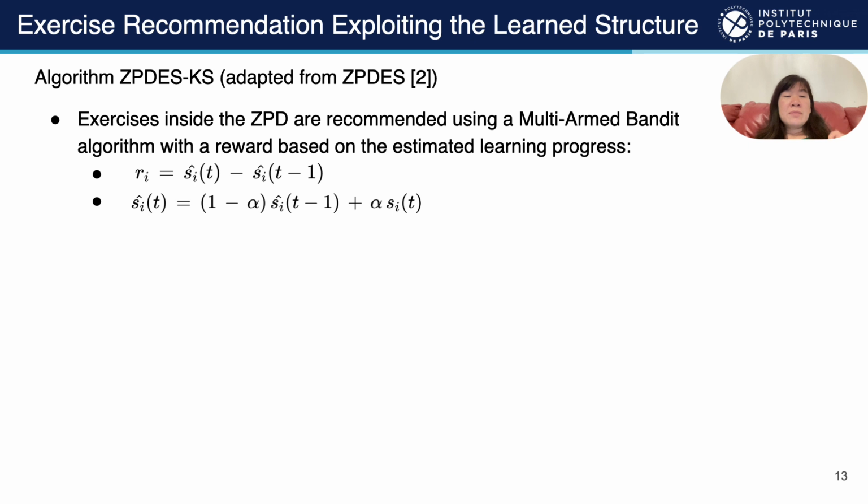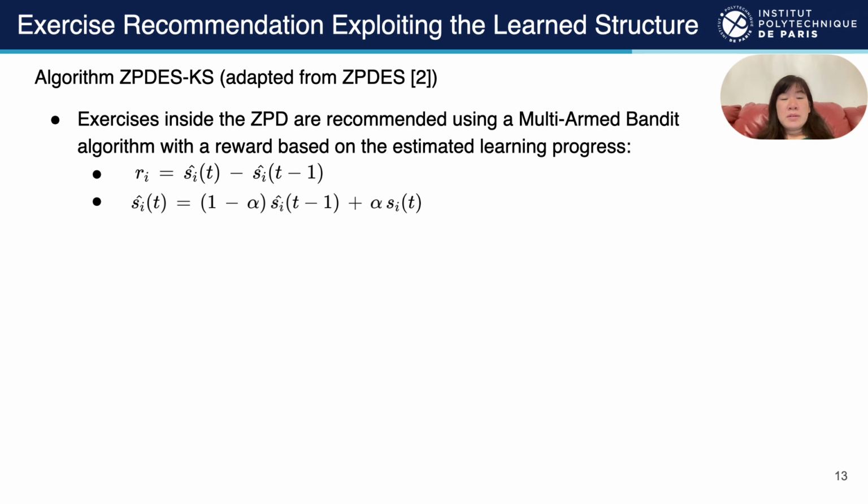So our algorithm, ZPD-ES-KS, proposes exercises inside the ZPD that are recommended using a multi-armed bandit algorithm with a reward based on an estimated learning progress.